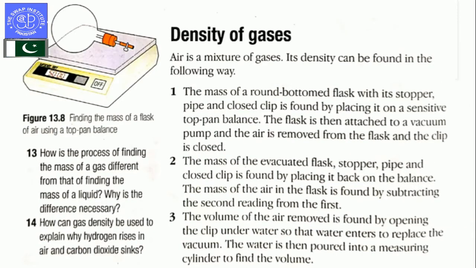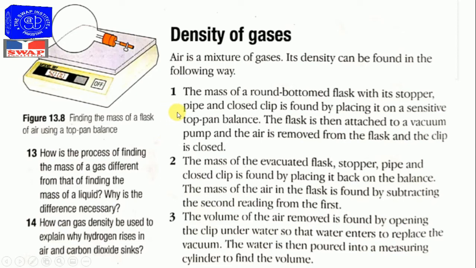Now I'm going towards the density of gases. Air is a mixture of gases. This is an MCQ, underline please. Its density can be found in the following way. Here are three steps.